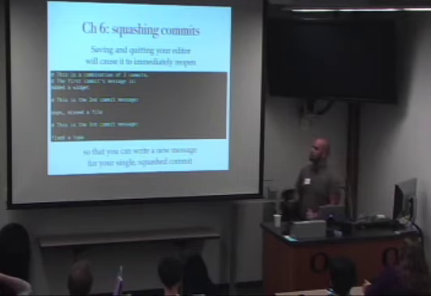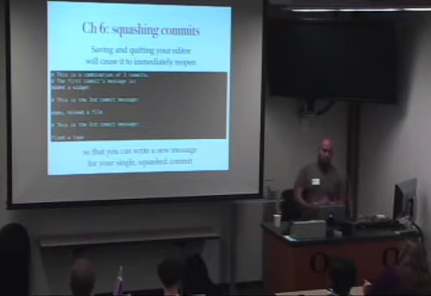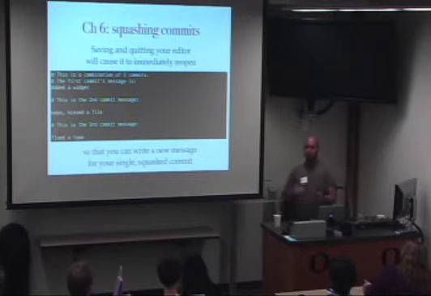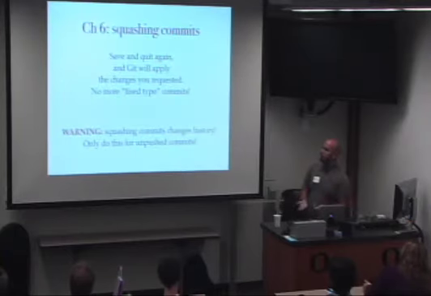Now Git is giving you an opportunity to write a new message for your single squash commit, which might just be your original commit message from the one that you intended. It might be something different, something you want to modify, and so on. Then save and quit, and Git will apply your changes, and history has been changed.